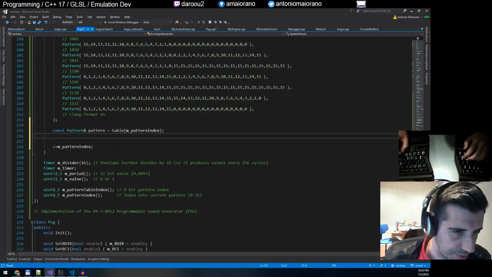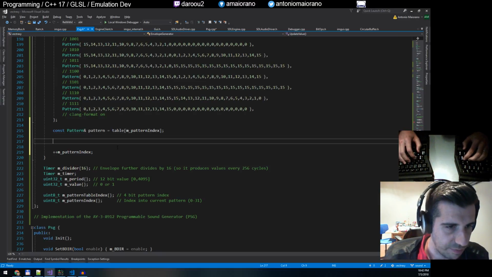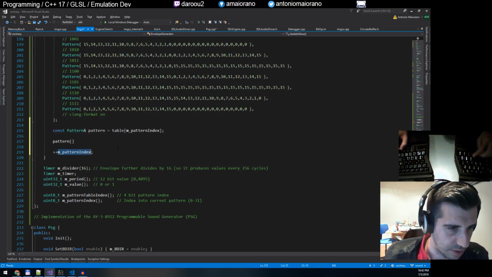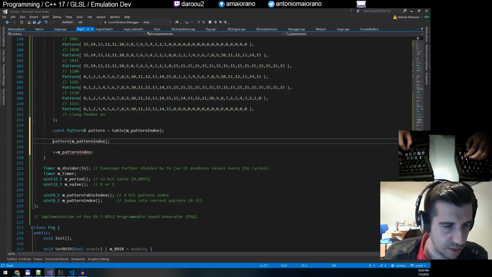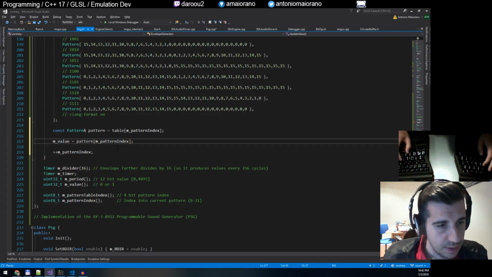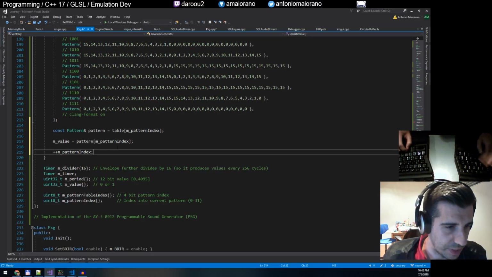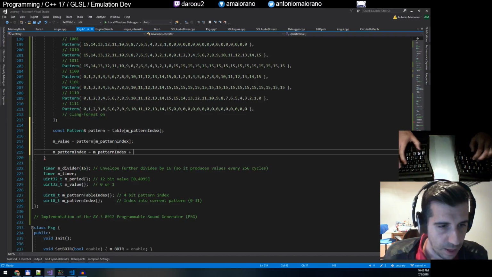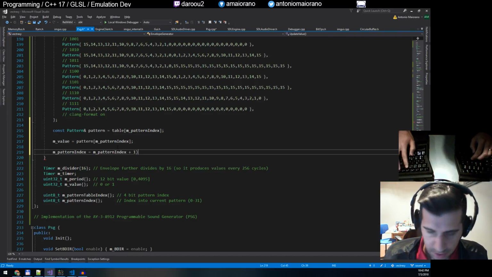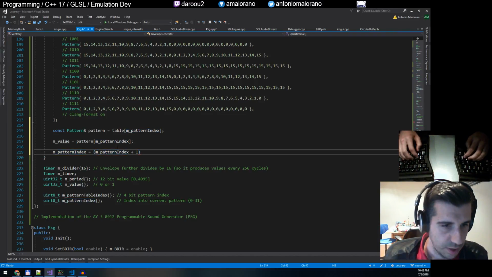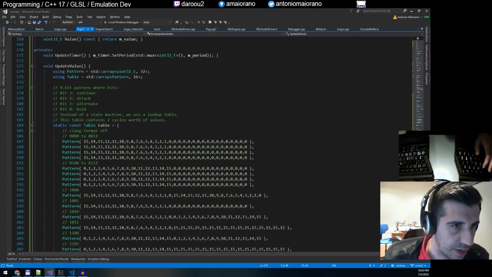I'll do that after. And we'll say, give me the value at the current pattern index, like that. And now here we want to do plus plus, and actually we want to do this equals that plus 1, modulo, and it'll be 32.